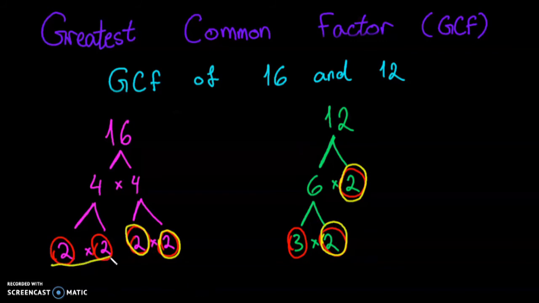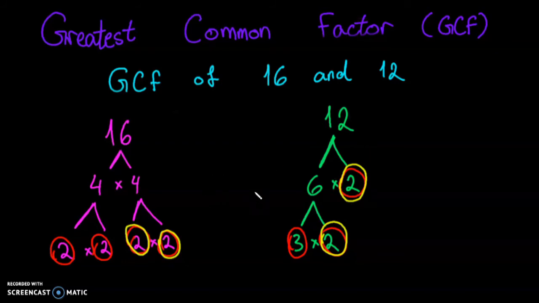Notice I did not circle these 2's. Why? Because here I don't have another 2. If I had another 2, for example, something like this, I would circle this and this. But in this case, we don't have another 2, so that's it.